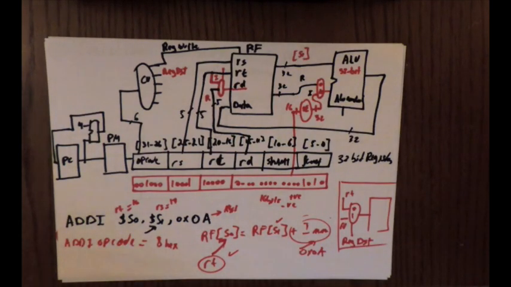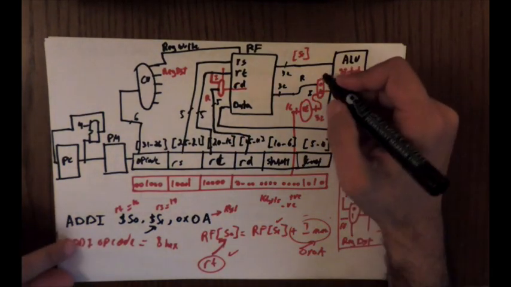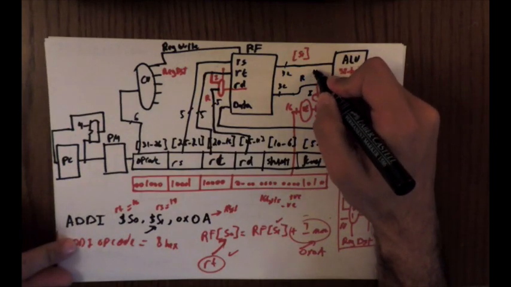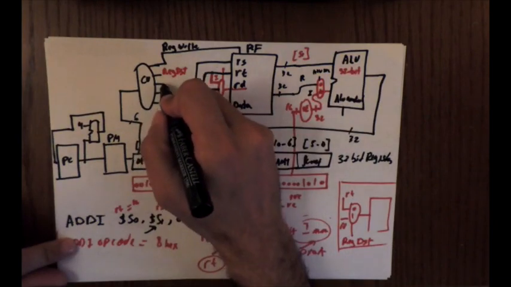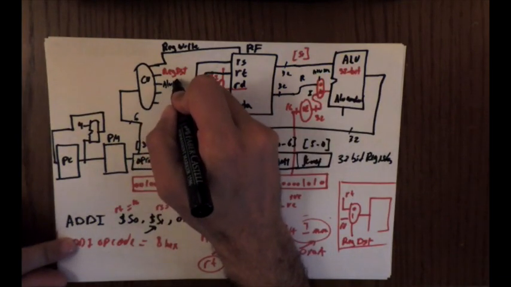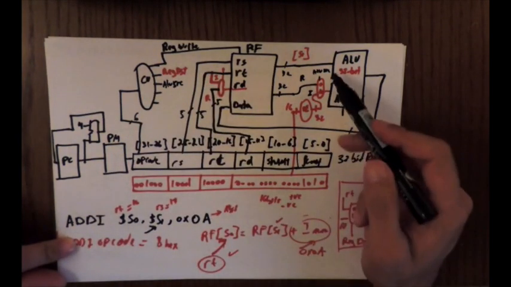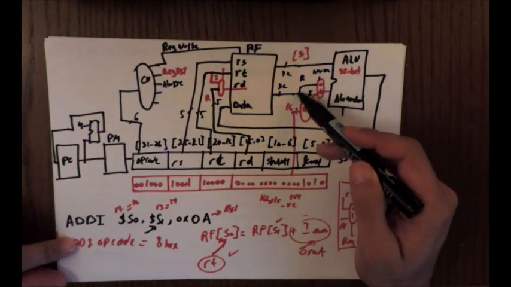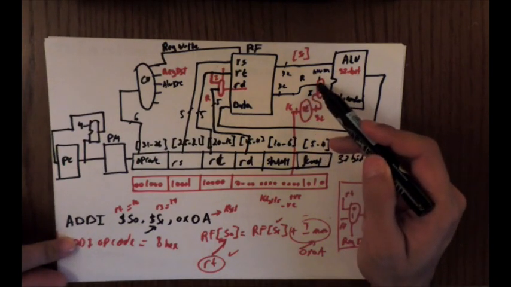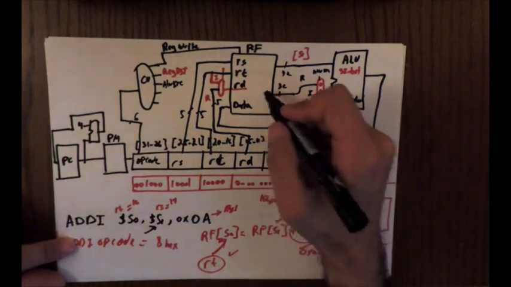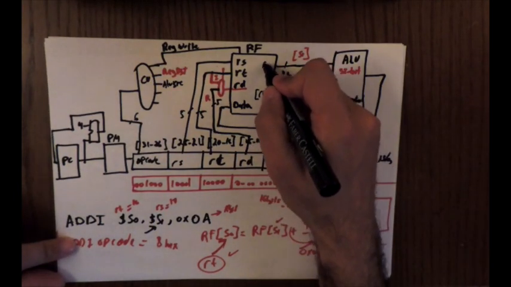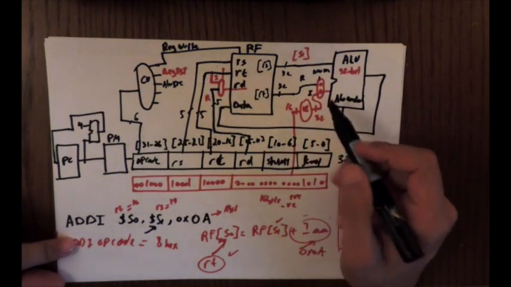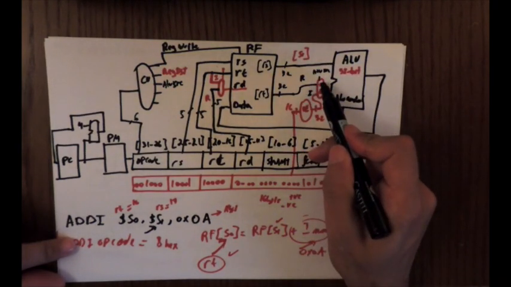And the control line that chooses this is called ALU source. So if ALU source is 0, then I'm passing the R format, which is RT. So this is the content of RT and this is the content of RS. If this is 0, I pass the content of RT.